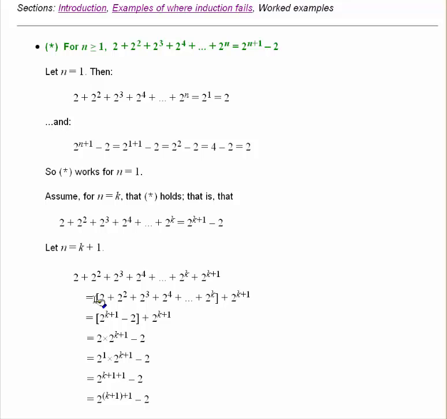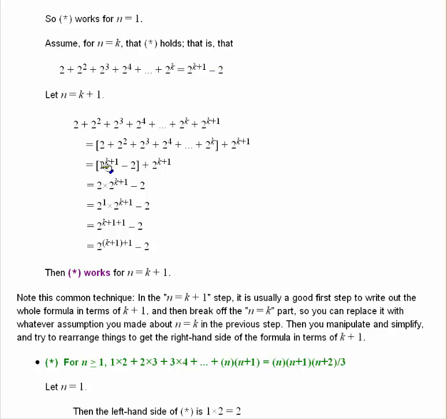Now I recognize the first part from my n equals k case. Since I'm assuming this formula, I can replace this part with the right-hand side over here. That's exactly what's done here. This part of the formula is replaced by this expression here. So that's how this is obtained.